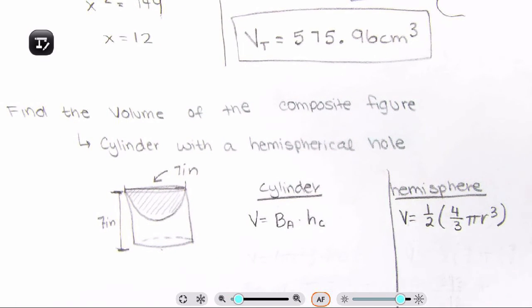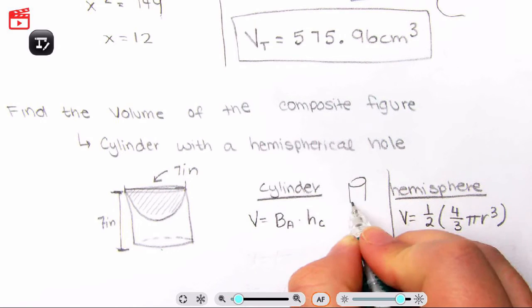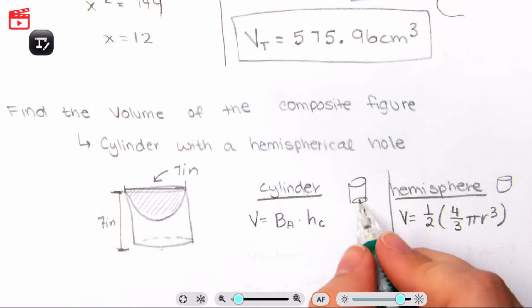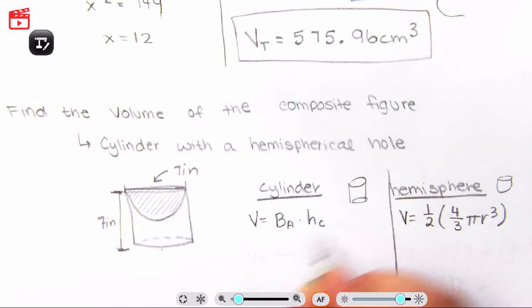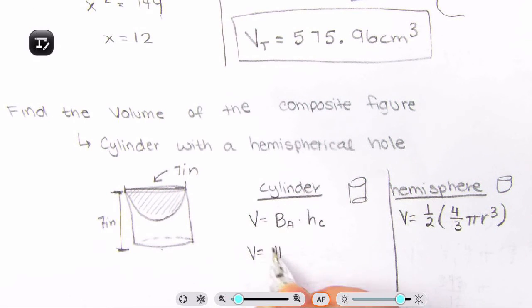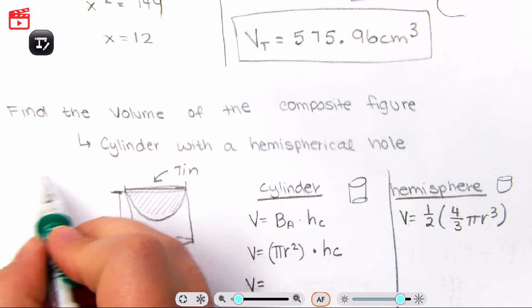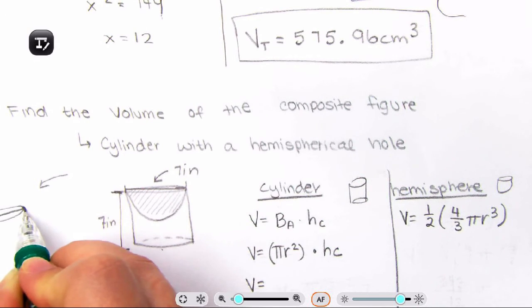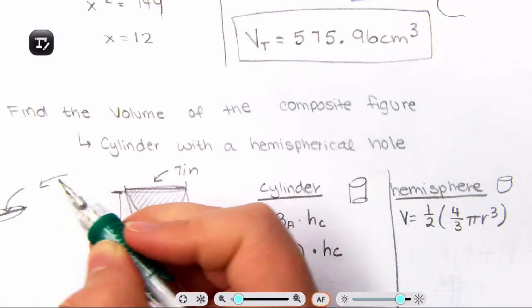All right, so cylinder, here it is. What is our base? Our base is a circle. So what is the area of the circle? The area of the circle is pi r squared. And we're going to do the height of the cylinder. So let's look here. Here is our circle, or our base. It tells us that the diameter is 7. So the radius of that should be half of 7.